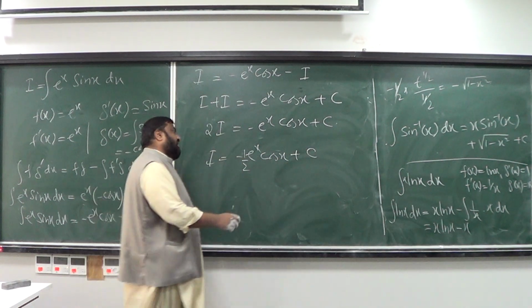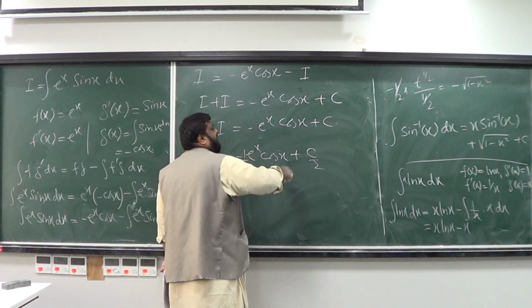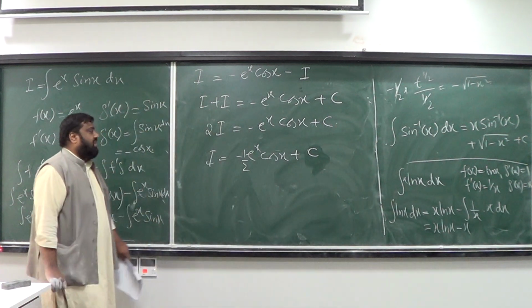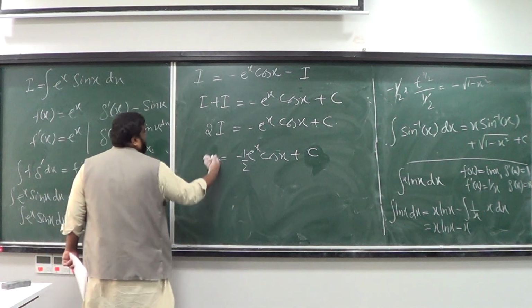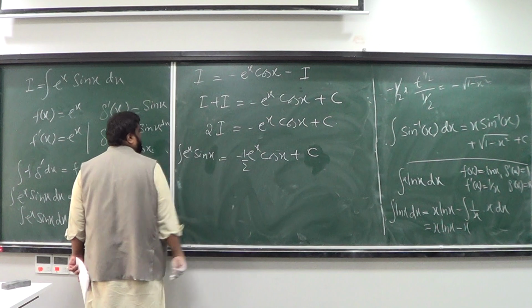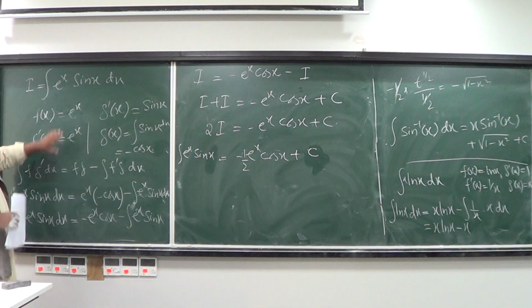You have to also divide the constant by 2, but you can again give it the name c actually, because this constant is arbitrary, it doesn't matter. Okay? So you got this value of I, where I is really the integral of e to the x sin x. So if you have this kind of integral, you can play this trick actually.